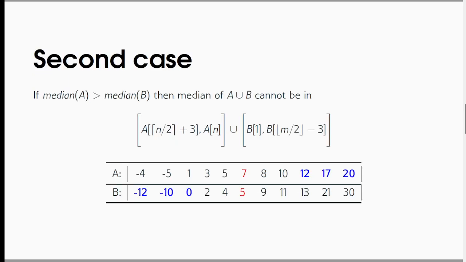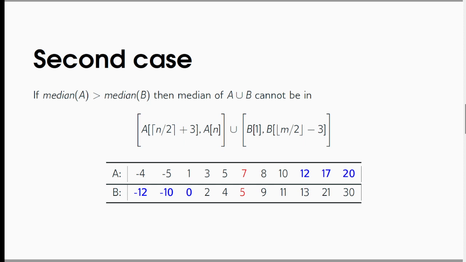Now, if the median of A is strictly larger than the median of B, then the median of A and B cannot be in these two intervals. It cannot be in A of n over 2 rounded up plus 3 up to n.